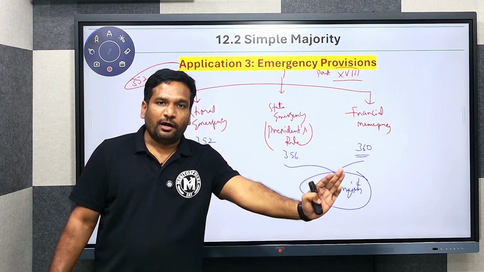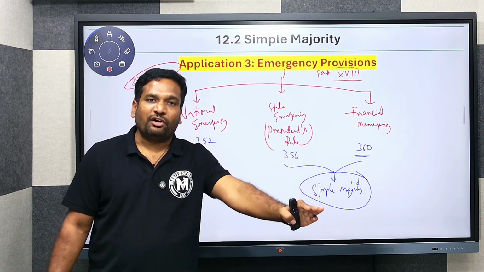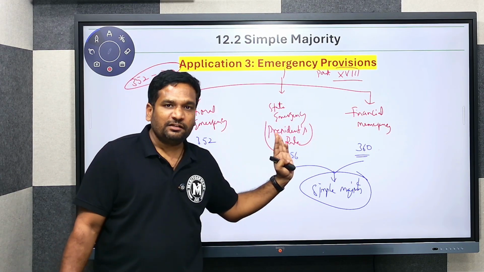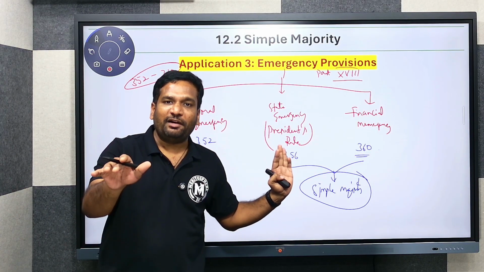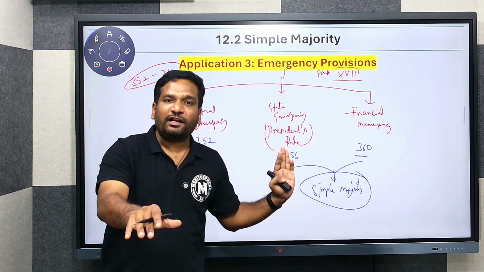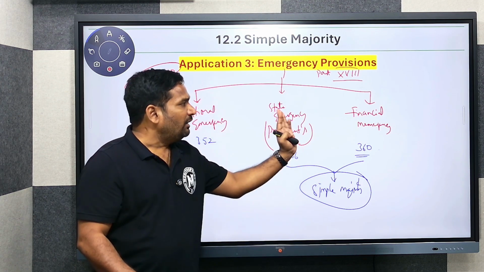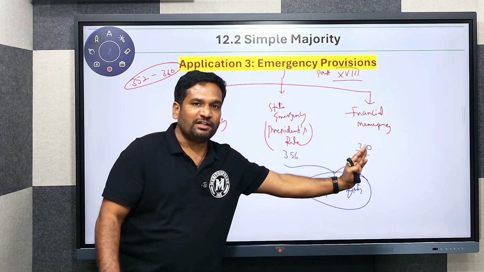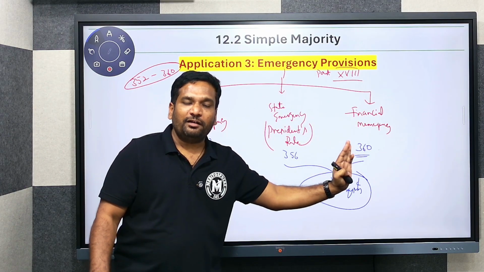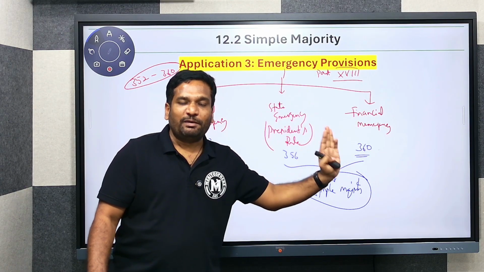But such a proclamation will be brought before the Parliament, and Parliament has to approve it. In the two cases, state emergency and financial emergency, the majority used for approval is simple majority.